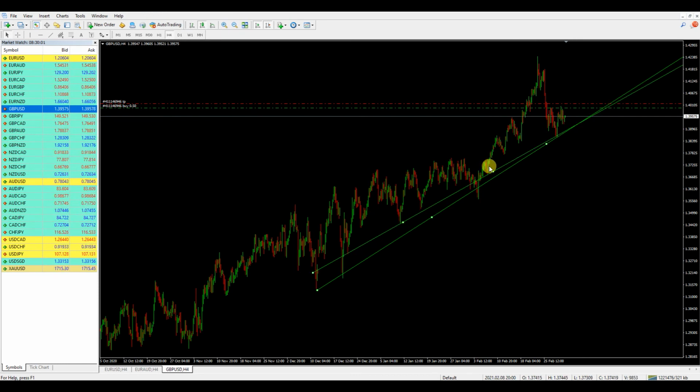Okay, going to take it here. Yes, fake breakouts, and then the market consolidates, and then we can take the third one over here.